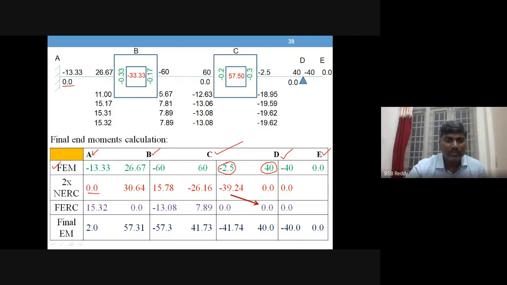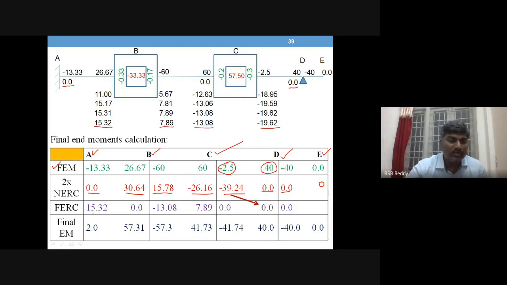If it is B, 15.32 into 2. Again, B in BC, 7.89 into 2. Minus 13.08 into 2 is this value. Minus 19.62 into 2 is this value. 2 times 0, and this side it is also 0, and these are all zeros. Rotation contributions will not be there for cantilever.